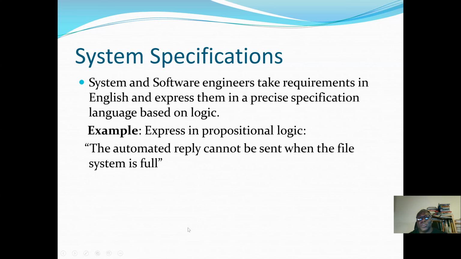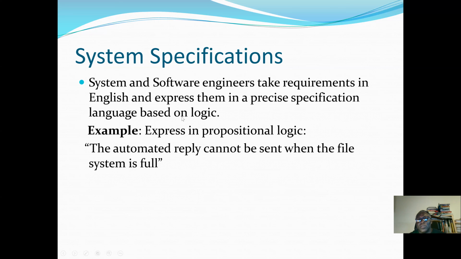Okay, so we move to another application. This is system specifications. Here we see system and software engineers take requirements in English and express them in a precise specification language based on logic. So we know in software engineering, one of the software development cycle stages is to collect requirements from the users or the stakeholders of the project.